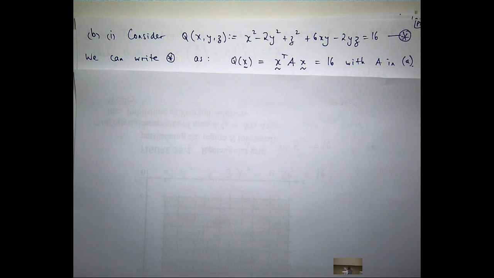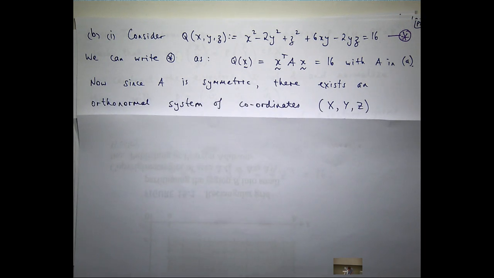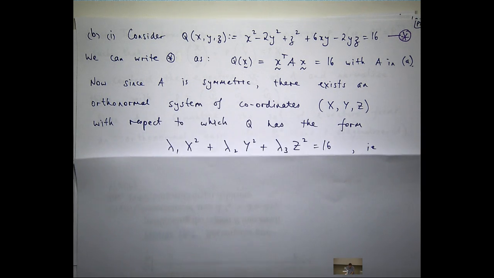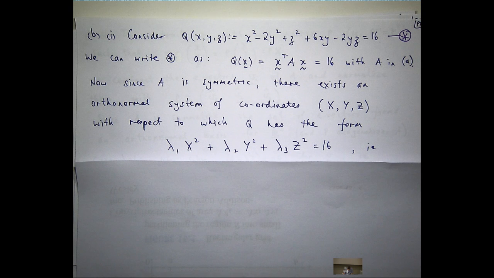Well, it means that there is an orthonormal system of coordinates. Say, just think of them as a new set of coordinates, big X, big Y, and big Z, such that, and this is the important part, Q has the following form. Now the lambda 1, the lambda 2, and the lambda 3 are just the eigenvalues of A.